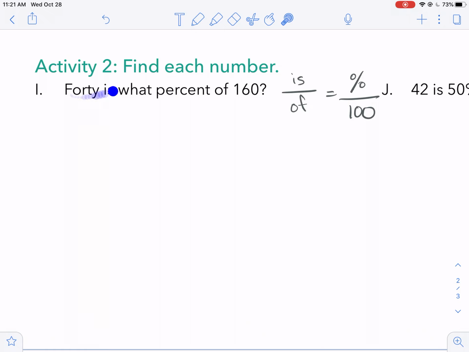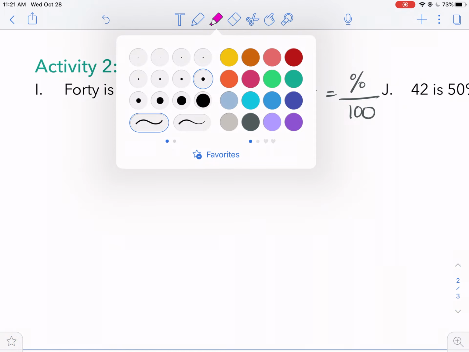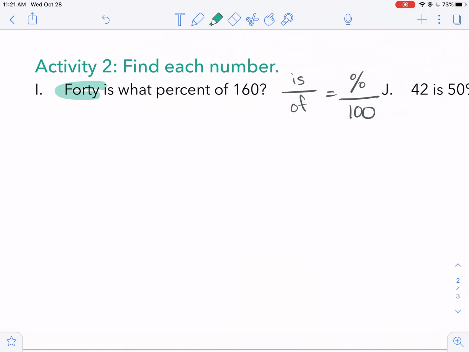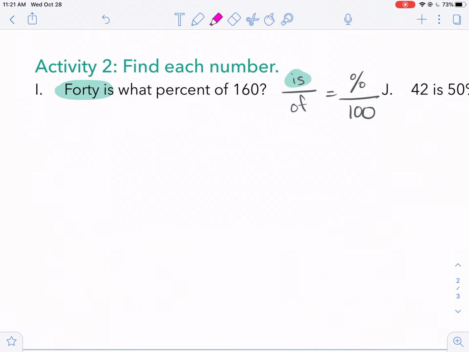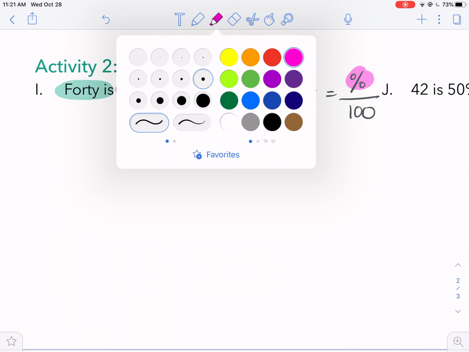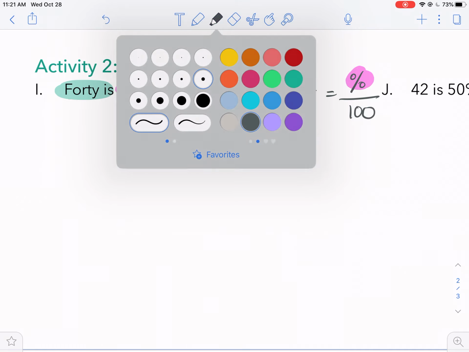We have 40 is what percent of 160? Well, let's find out what information we have. Our is number is 40, it says 40 is. So that will be our is. What percent? We don't know what percent we have yet, so the percent is what we'll be trying to find. And then our of number is 160. That'll be our base.